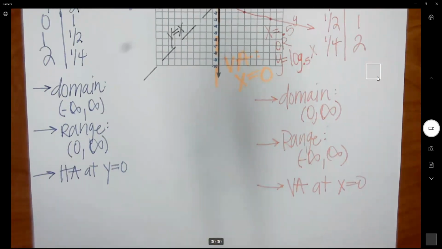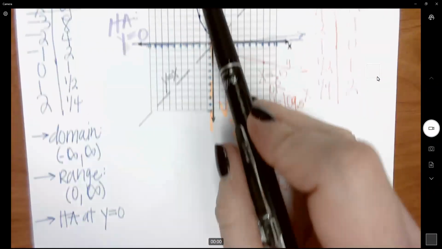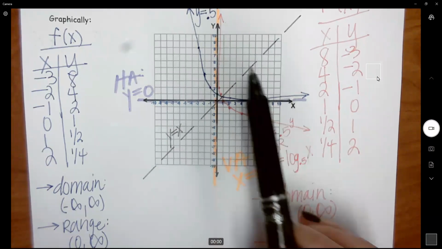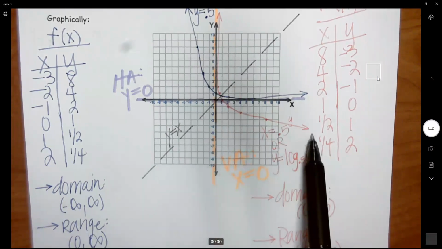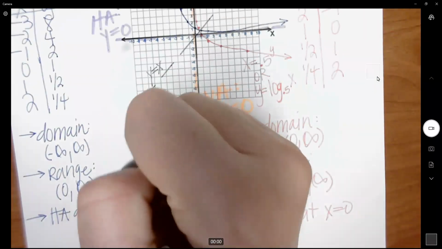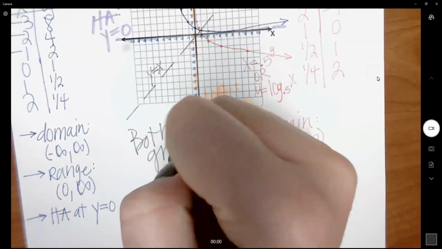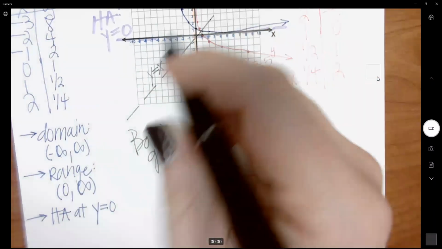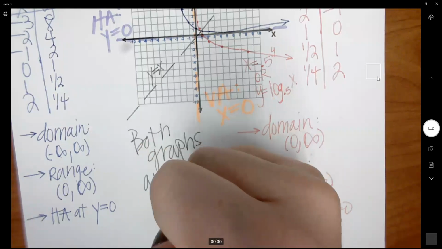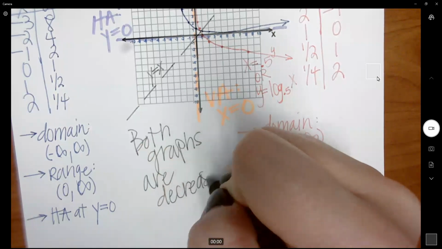And then the last thing we're going to talk about again is that both of these, the exponential and the log, both of these graphs are decreasing.